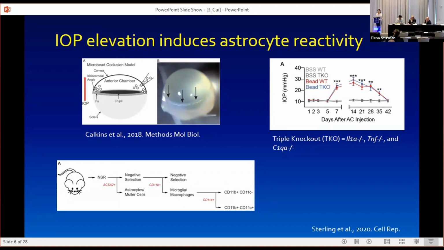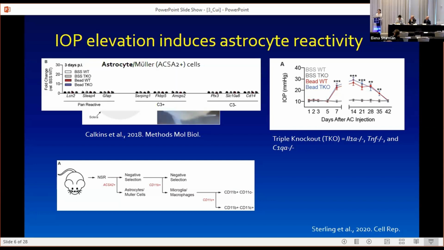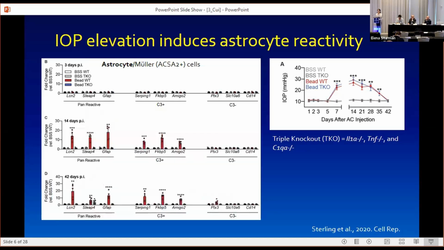After injection at various time points, we used magnetically activated cell sorting to sort out different populations of astrocytes, Mueller cells, microglia, and macrophages. What we found was that in the retinal cellular population enriched for astrocytes and Mueller cells, after 3 days there was no elevation in the genes associated with C3 positive astrocytes, C3 negative astrocytes, or pan-reactive astrocytes.